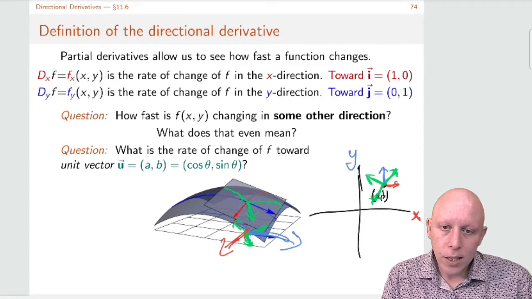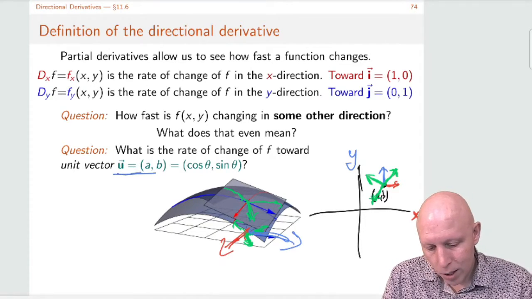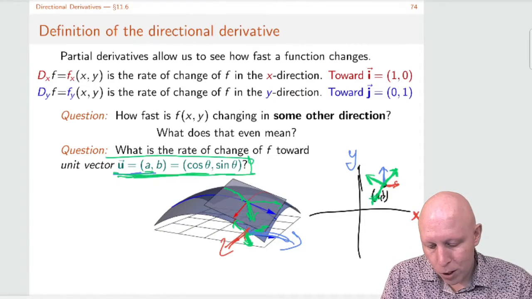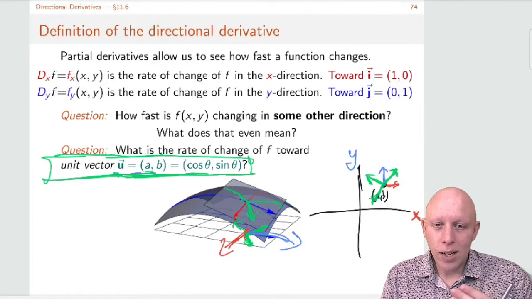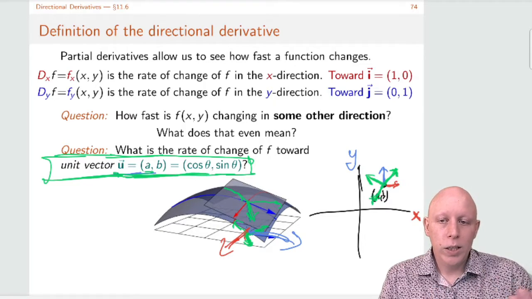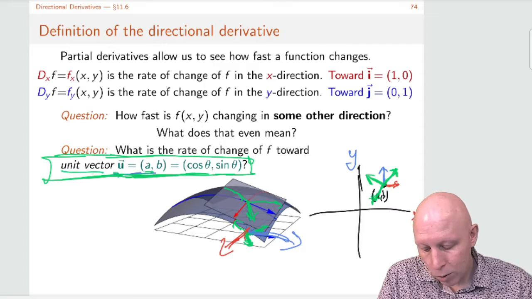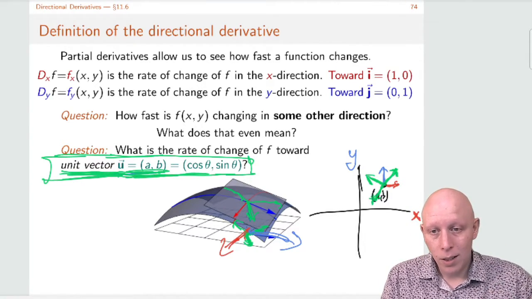The thing that is going to be important is that when we talk about walking in this other direction, we talk about the pure direction vector. Remember, a vector has a direction and a magnitude. We're only going to consider this rate of change when we're dealing with unit vectors, a vector whose magnitude is 1.